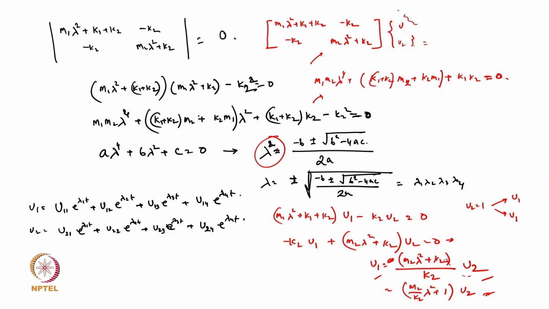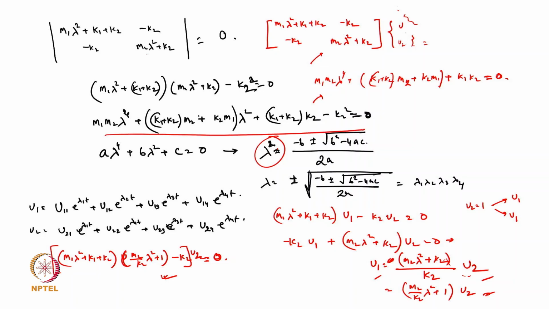If I use the first equation also, substituting u1 in terms of u2, you see that again I will go back to this equation. If I multiply with k2 here and k2 square, I am just going back to the first equation.